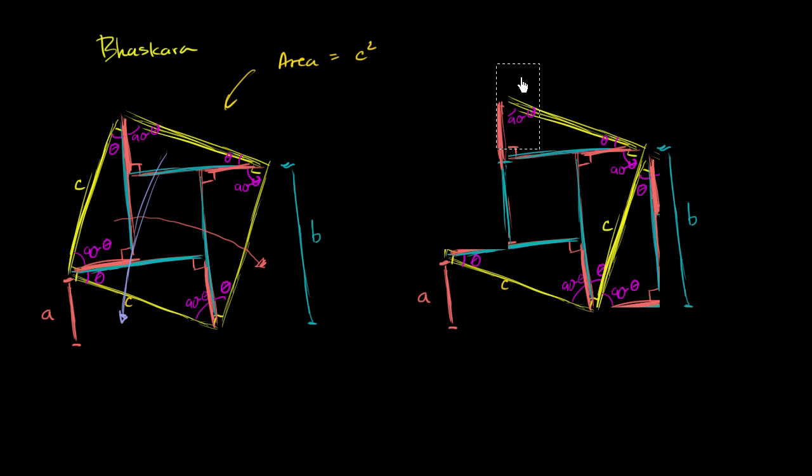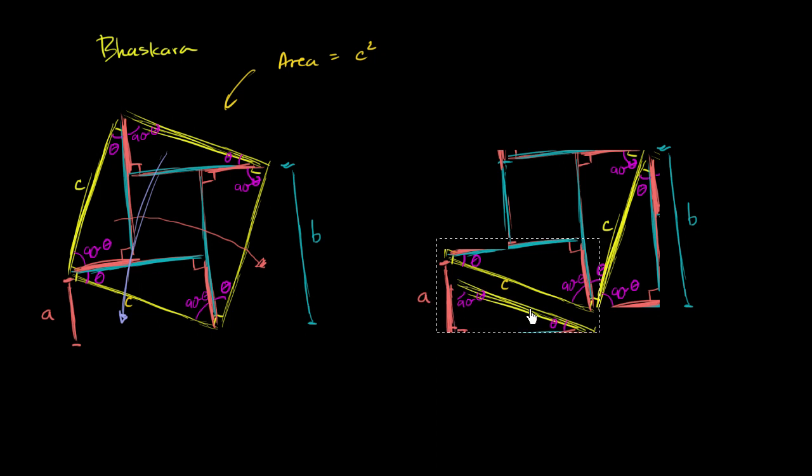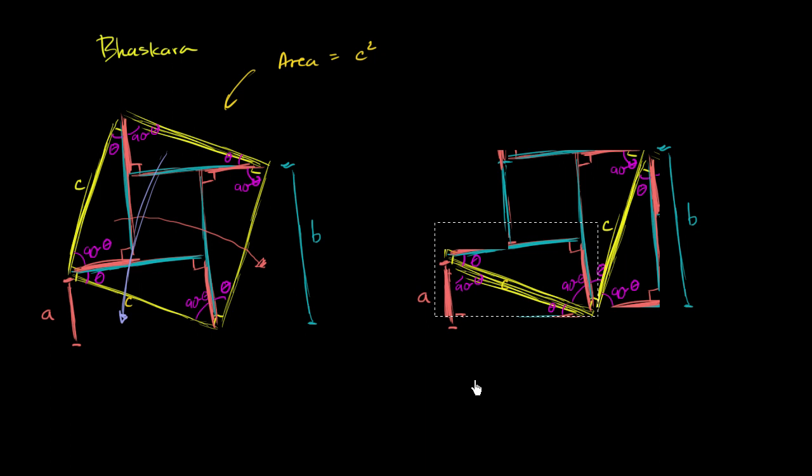So I'm just rearranging the exact same area. Let me capture the whole thing as best as I can. So let me cut, and then let me paste. And I'm going to move it right over here. While I went through that process, I kind of lost its floor, so let me redraw the floor. So I just moved it right over here.